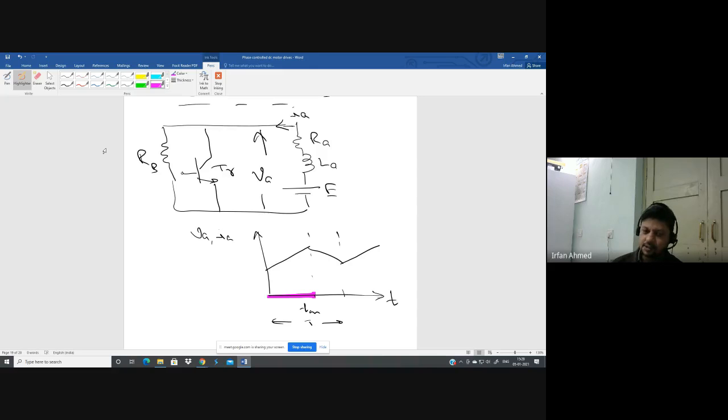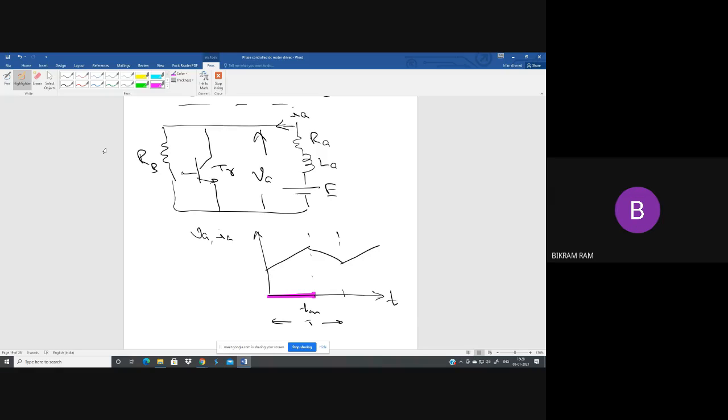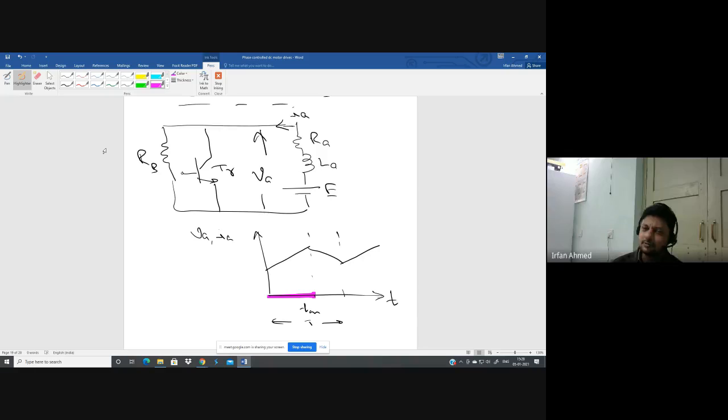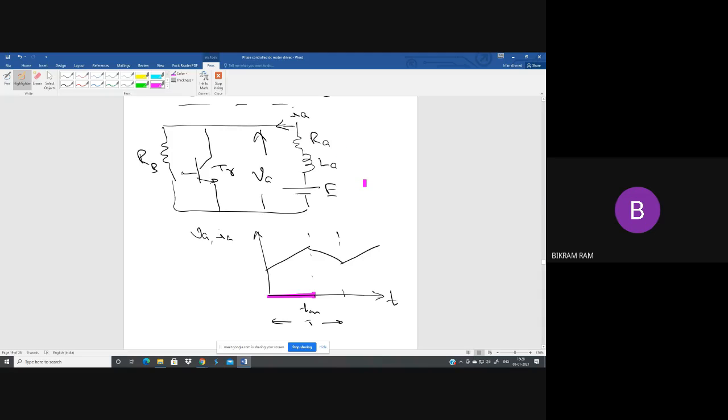The inductor is lossless. Sir, practical inductors are lossy. So you can assume that the lossy part of the inductance is included in the resistance. Okay, sir, got it.